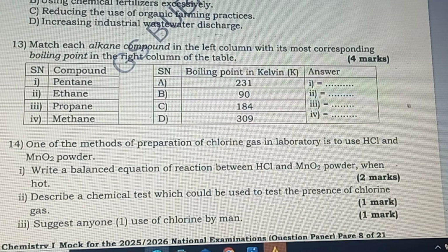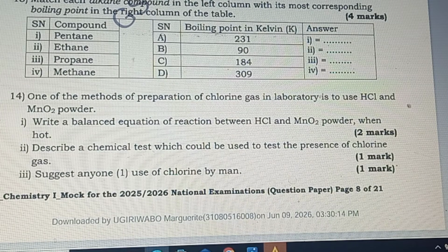13. Match each alkane compound in the left column with its most corresponding boiling point in the right column of the table. What you can know here about the boiling point of alkanes is that the boiling point of an alkane compound increases with increasing number of carbons.